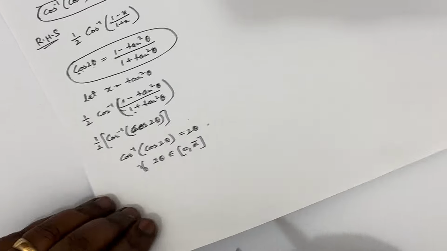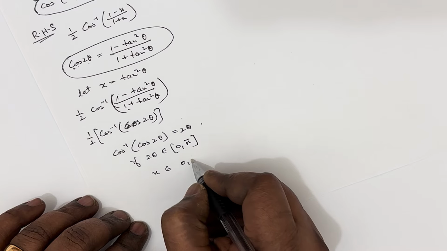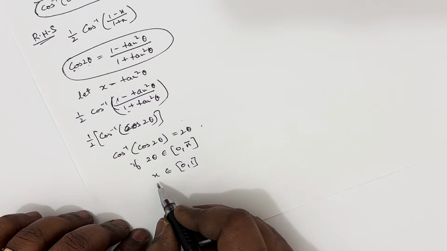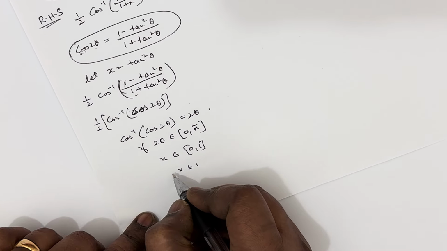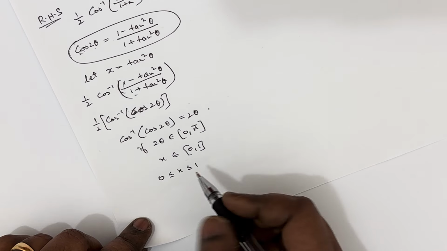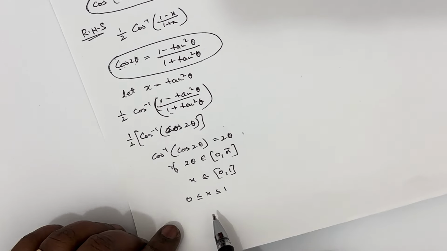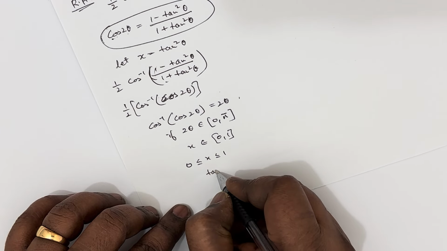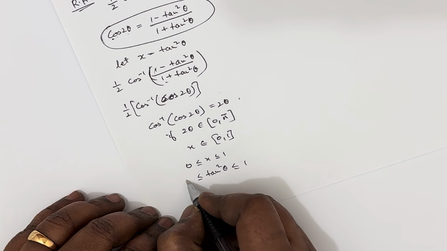This can be written as x less than or equal to 1 and greater than or equal to 0. Now we have taken x is equal to tan square theta, so let's put tan square theta instead of x: tan square theta less than or equal to 1 and greater than or equal to 0.